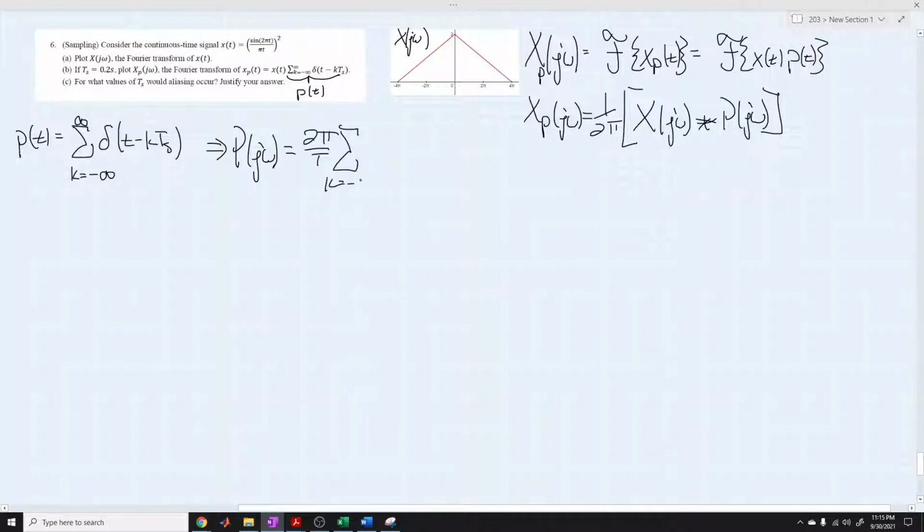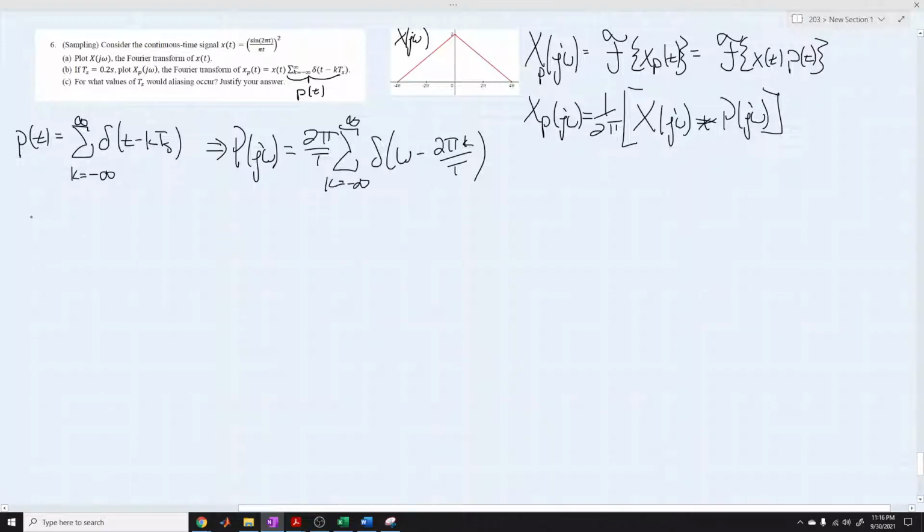So an infinite impulse train in the time domain gives us an infinite impulse train in the frequency domain. We also could have done a Fourier series for this since it is a periodic signal, but we don't need to because we have our table. It's handy using the tables.